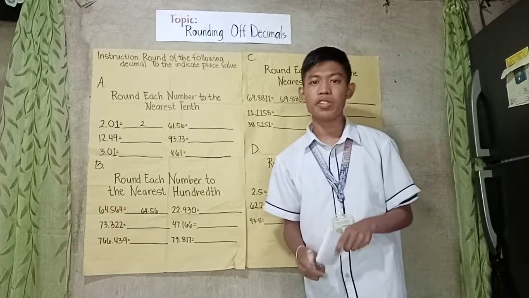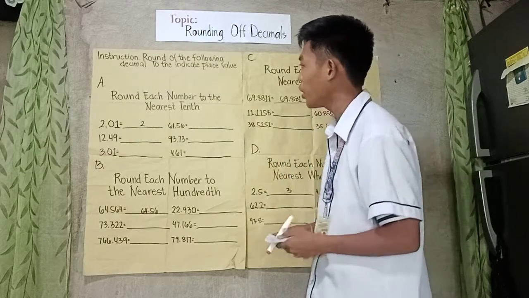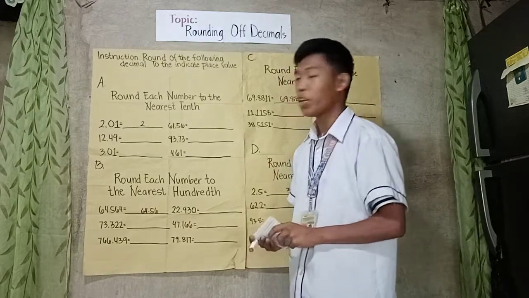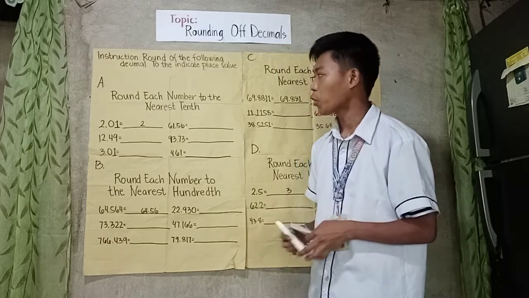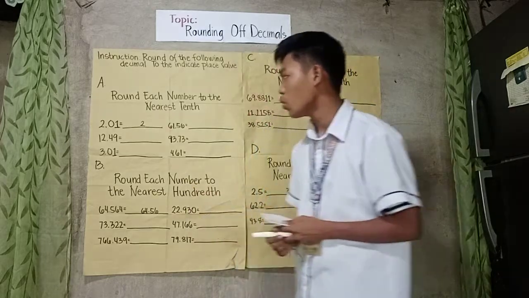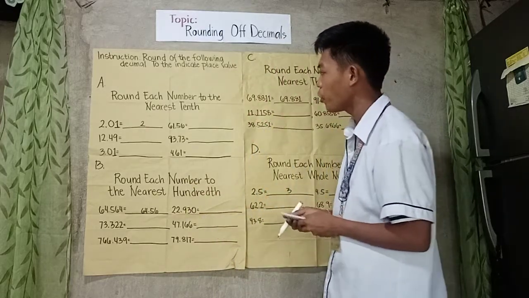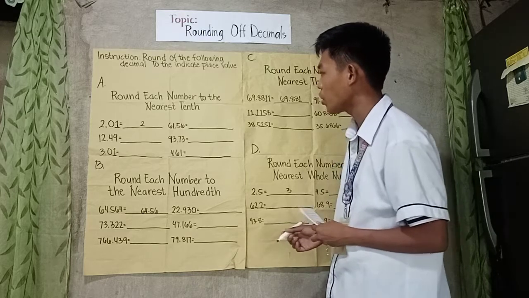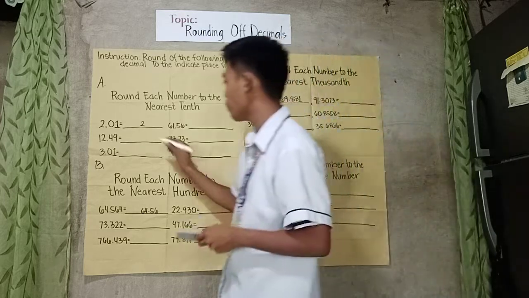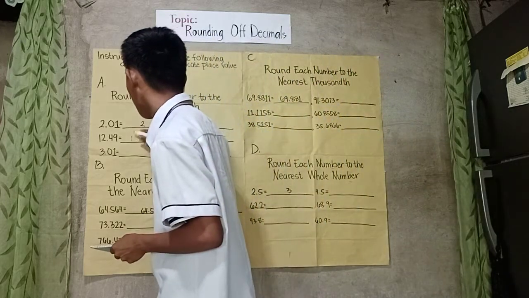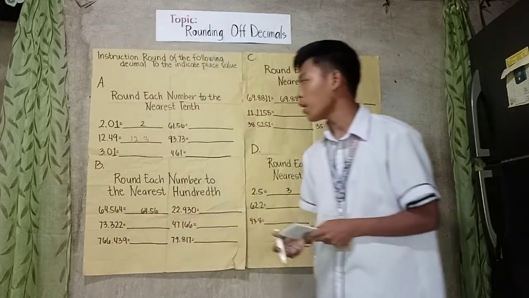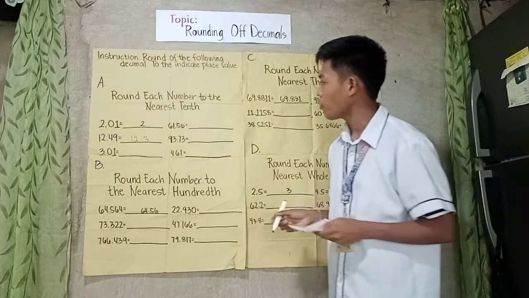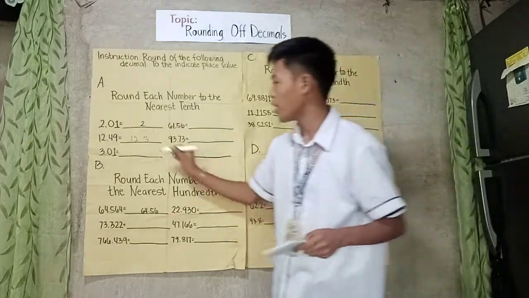So time is up. Let's check your answers. So for letter A, as I've said earlier, you are to round each number to the nearest tenth. So the answer for 2.01 is 2. Next is 12.49. If rounded off to the nearest tens, it will become 12.3. Next is 3.1. If rounded off to the nearest tens, it will become 3.